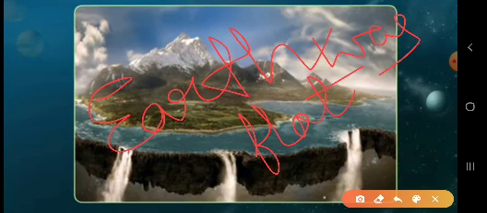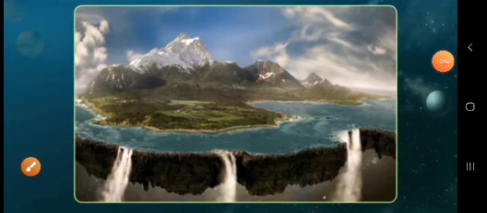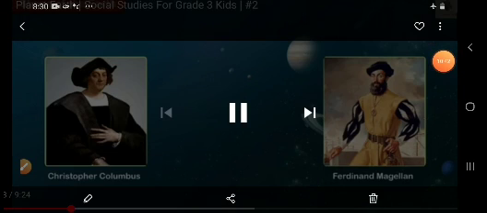How did they come to know about the actual shape of the earth? Let us find out. These were the two explorers who went through the sea. The first was Christopher Columbus and the second was Ferdinand Magellan.